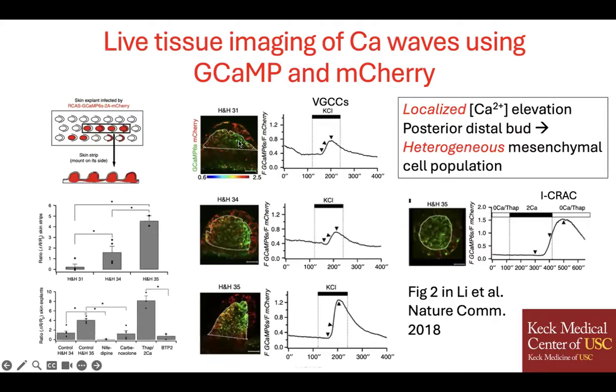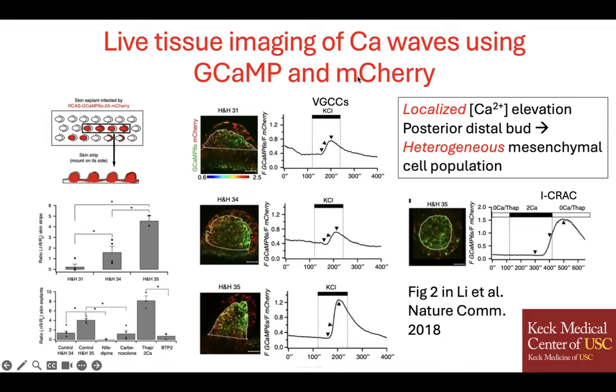And they're measuring calcium by first transducing with the RCAS virus a combination of two reporters. One is called GCaMP, which is a calcium-sensitive fluorescent protein, which is depicted as green here. It is, in fact, a green fluorescent protein.